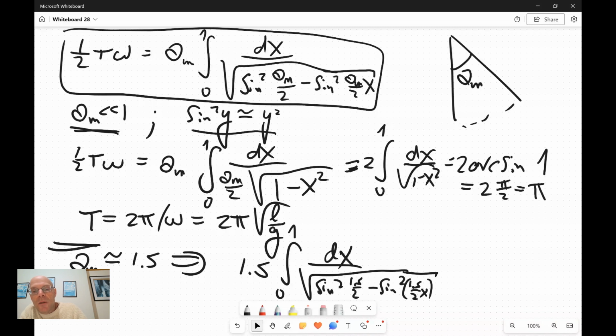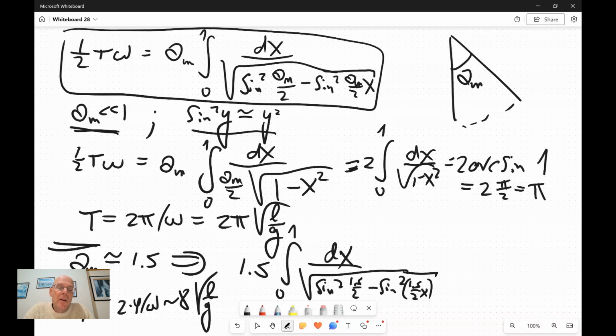And we can calculate this integral numerically. And the result is that the period turns out to be, instead of pi, the number that we get is close to 4. So it is roughly, not exactly, 2 times 4 over omega, or roughly 8 square root of L over g.